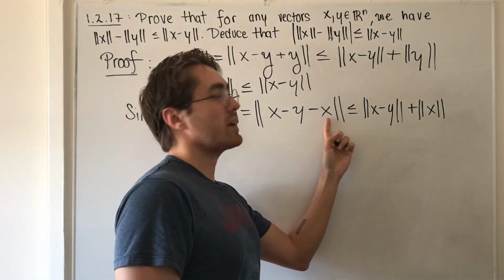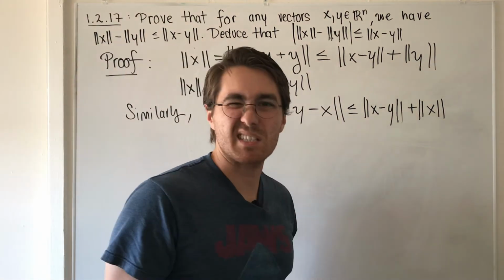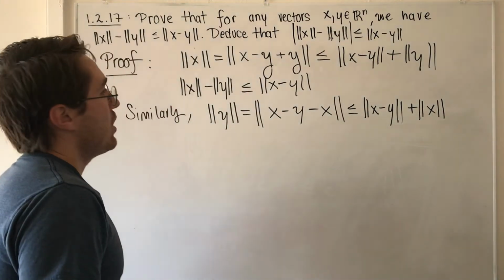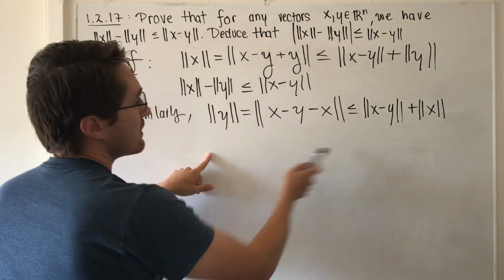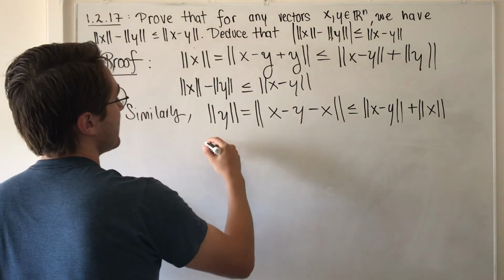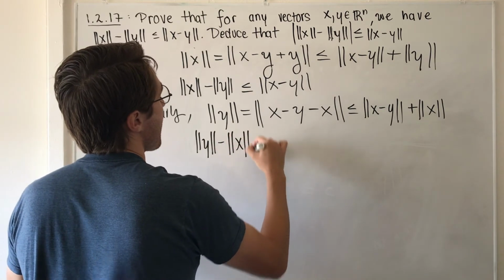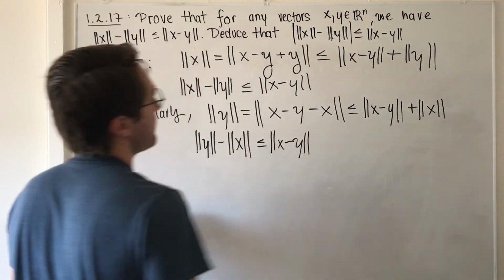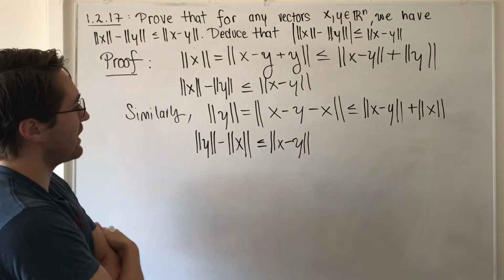And then the negative x here, well, the norm of negative x is equal to the norm of x, so I'll skip a step and just go straight to writing plus norm of x. Why do I want that? Well, if I move the norm of x to the other side, I've got this, but how does that help me? I don't really want this.